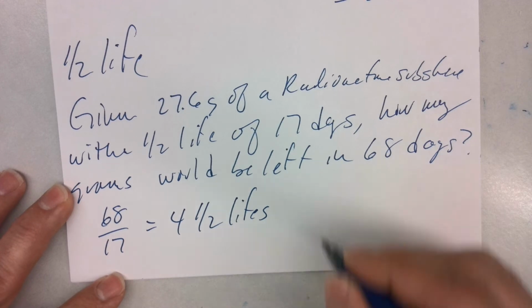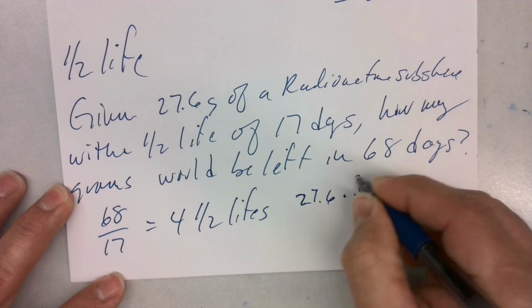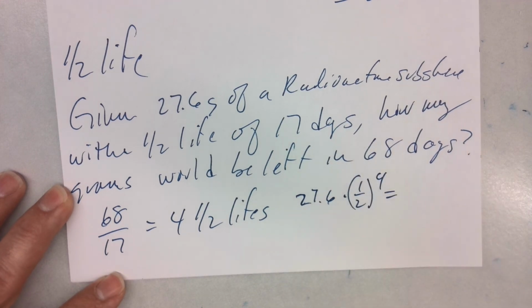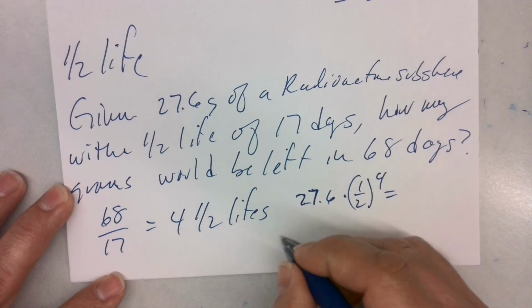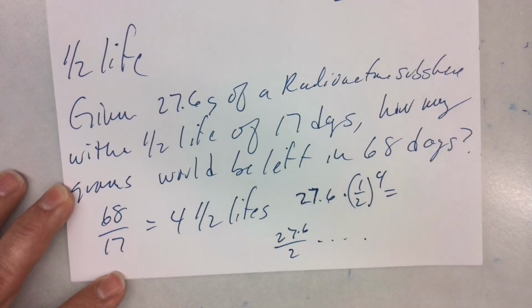Then don't you do 27.6 times 1/2 to the 4th power? Is he right? No, you just divide it 4 times. Or I could take 27.6 and divide it by 2 4 times. Either way, right? So what do I get here?